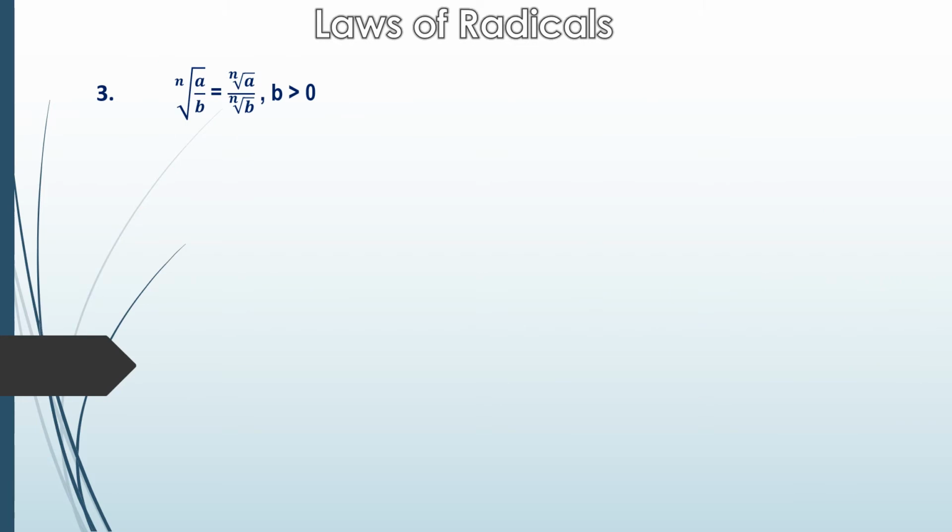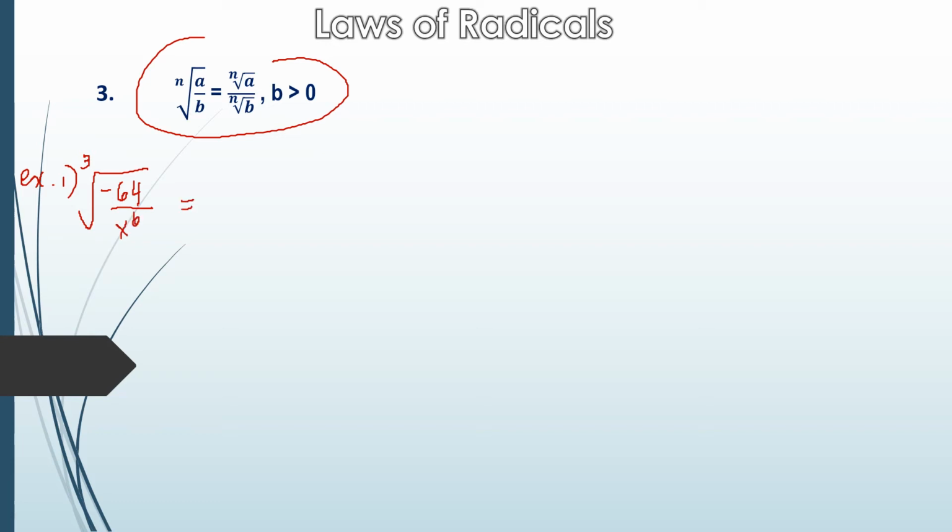For the third law of radical, we have the nth root of a over b is equal to the nth root of a over the nth root of b, such that b is greater than 0. Say, for example, we have the cube root of negative 64 over x raised to the 6th power.